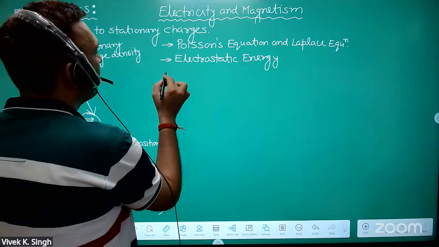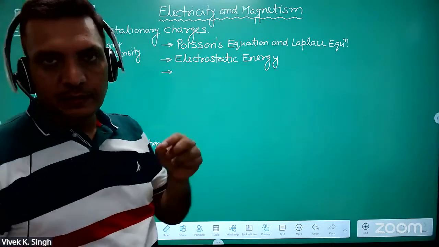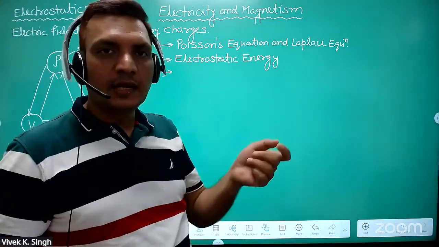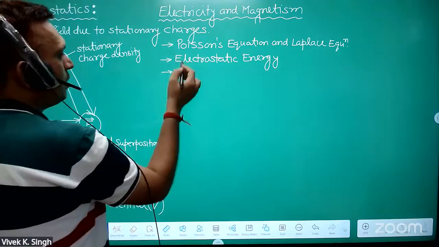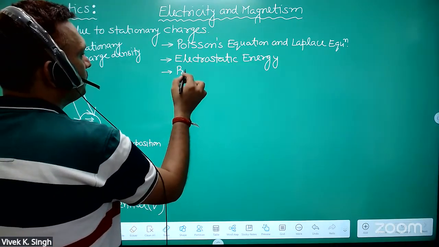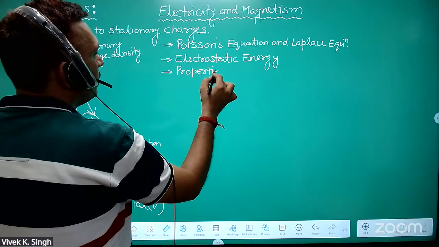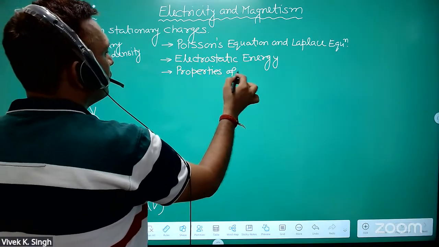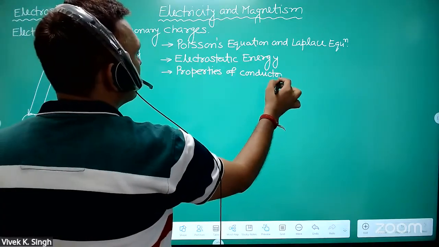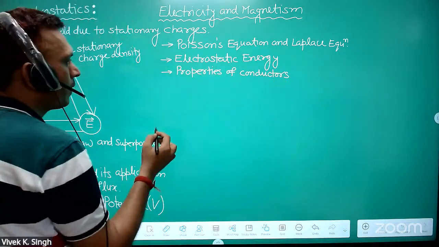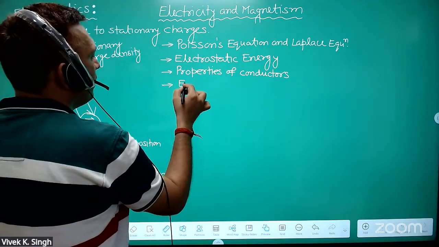Then we will discuss two types of material. One is dielectric or insulator, another is conductor. So we will discuss the properties of conductors separately. Then we will talk about electric dipoles.